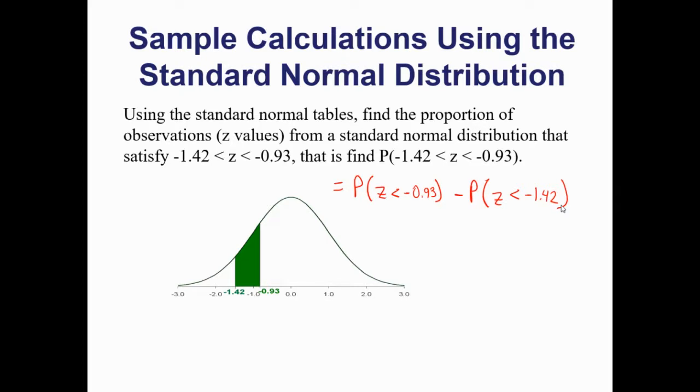What's the probability that z is less than negative 0.93? What was that? One more time. 0.1762. That's right. What's the probability that z is less than negative 1.42?